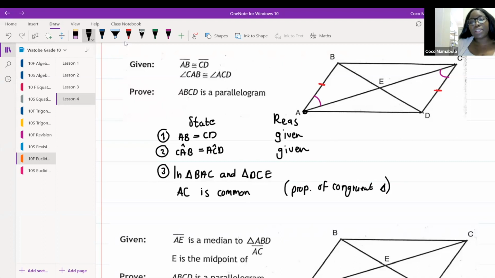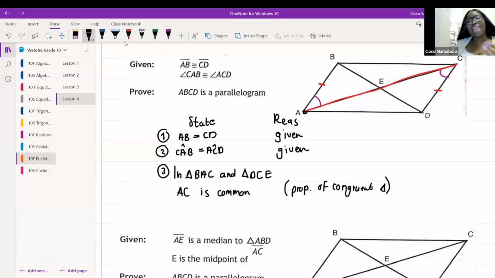Now that I have these three things, I know that this is a common line, which means it's a diagonal. We always know that our parallelograms will have a diagonal.